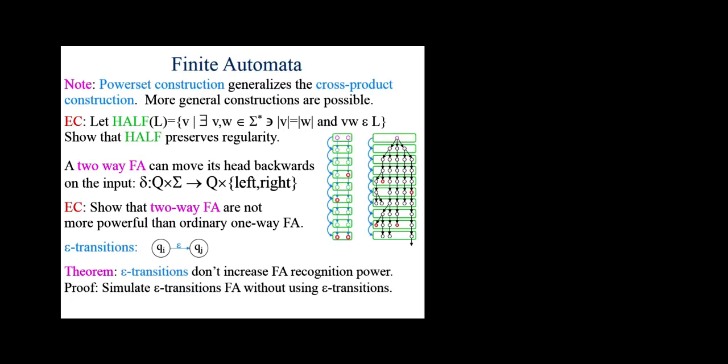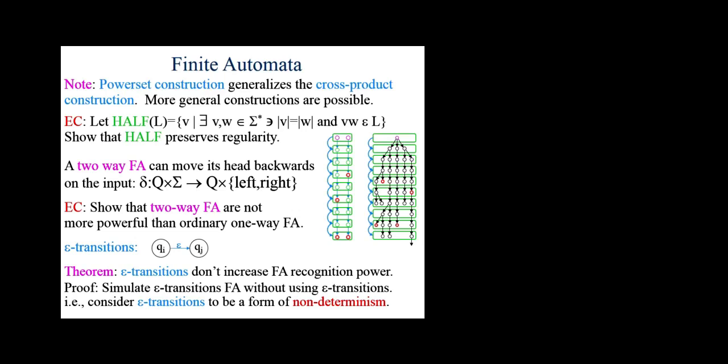So you can use a powerset construction to eliminate epsilon transitions because they're a form of non-determinism. And if you do, then you get a deterministic finite automata that does the same thing, which means they don't increase the power. Now, when I say they don't increase the power, I don't necessarily mean they don't increase the convenience of representing or constructing a finite automata that accepts a particular language.